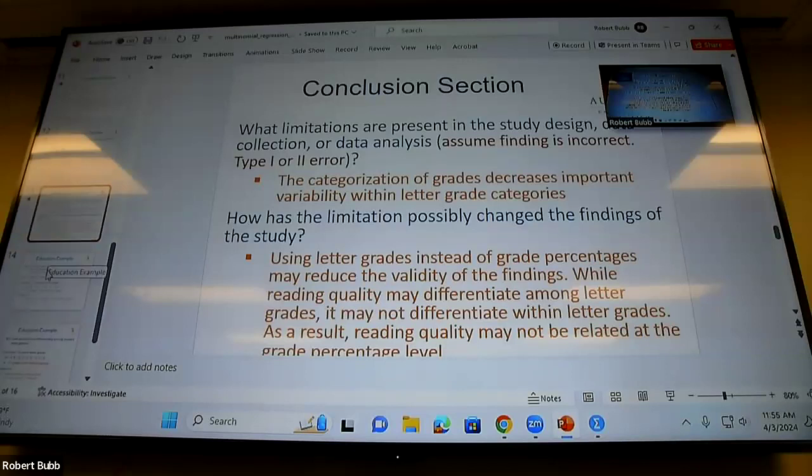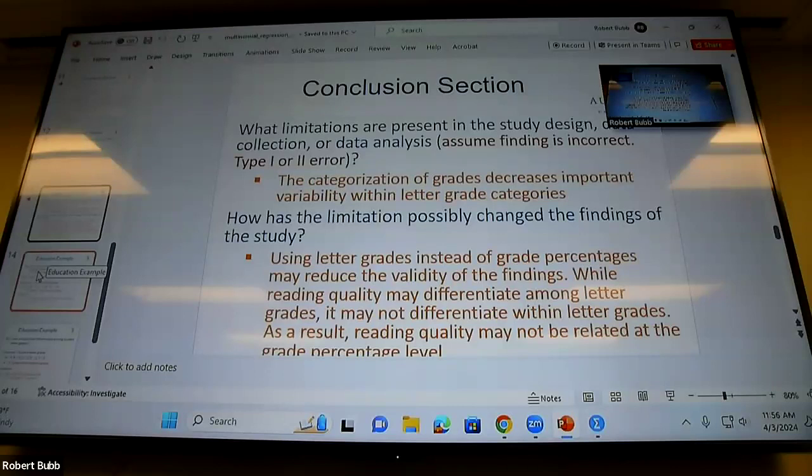I'm sorry, one more question. You said that when you work on this for the organization, you find that reading quality will differentiate among letter grades. Yeah, it's for McGraw-Hill.